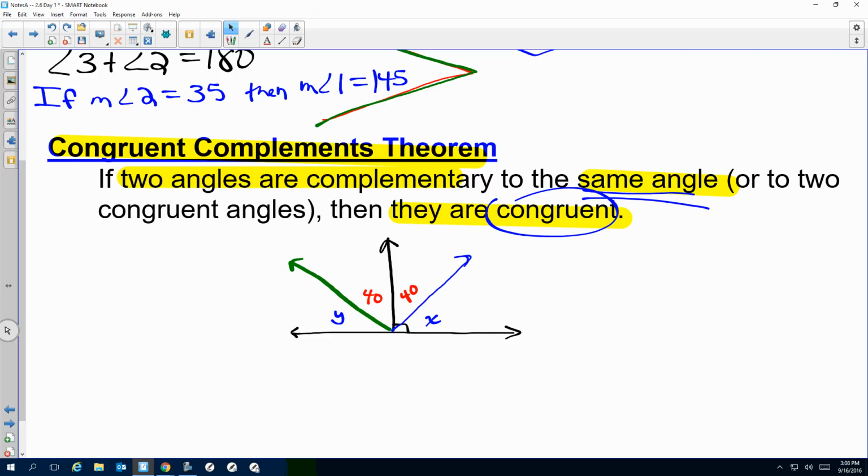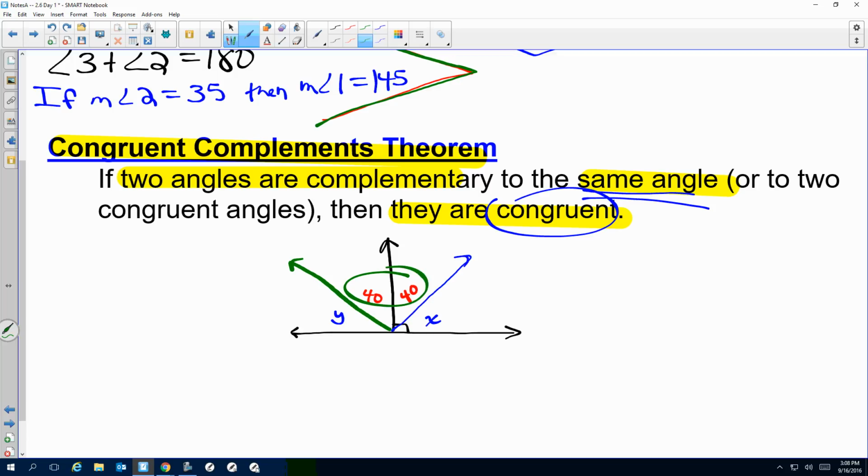What I want us to see is that with this symbol showing 90 degrees, 40 and X are complementary. Okay, 40 and Y are also complementary. X and Y are complements to the same angle, the same amount. So they are complementary to 40 degrees.